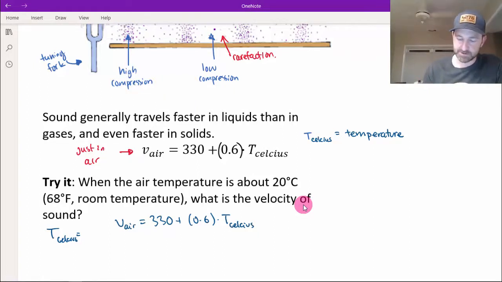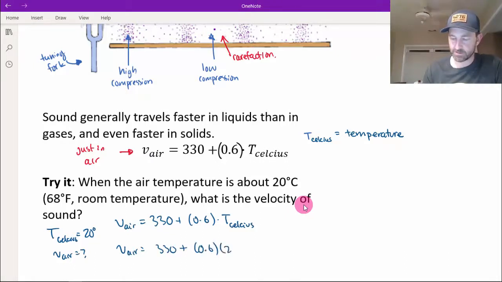So the temperature in Celsius for us is going to be 20 degrees, and we want to find out that velocity of sound in air. So let's calculate it up. It'd be 330 plus 0.6 times the 20, and that would give us 330 plus 12. So the velocity of sound in air at traditional room temperature is going to be 342 meters per second.